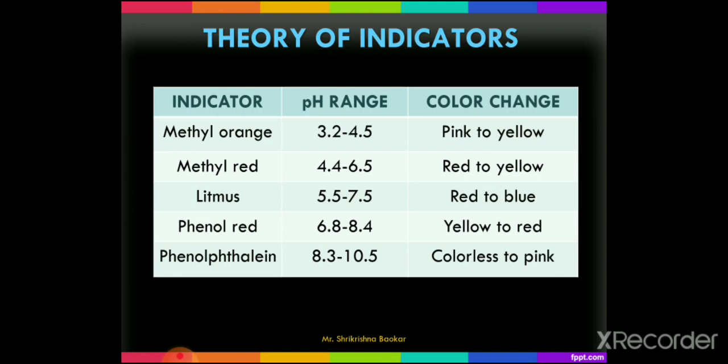Litmus, having a pH range of 5.5 to 7.5, changes the color of solution from red to blue. Phenol red changes the color of solution from yellow to red when the pH ranges from 6.8 to 8.4. And phenolphthalein changes a colorless solution to a faint pink color when the pH ranges from 8.3 to 10.5. These are a few examples.